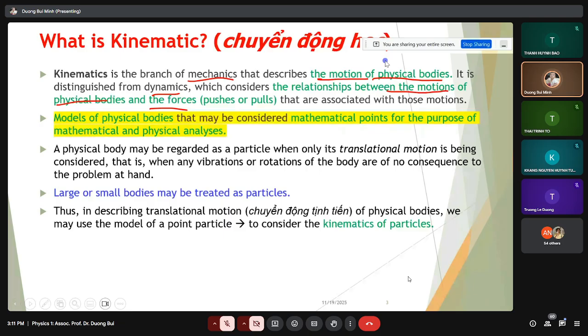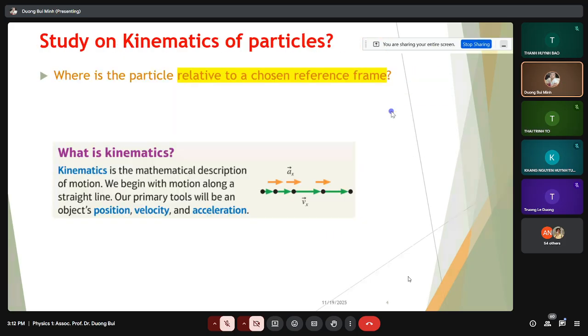That means you need to analyze the internal force or external force imparted on the body. Models of physical bodies may be considered for the purpose of mathematical and physical analysis.